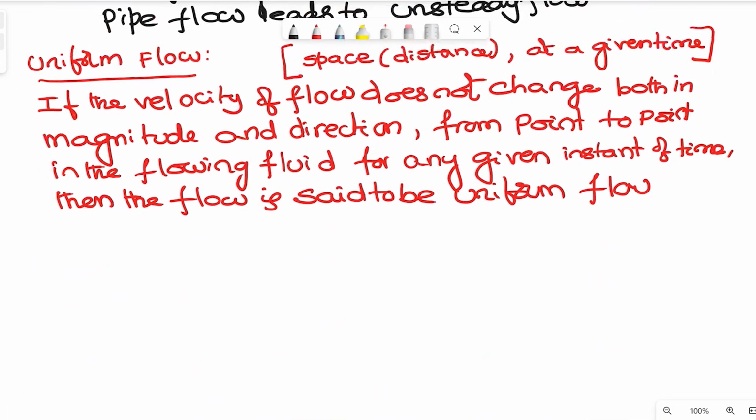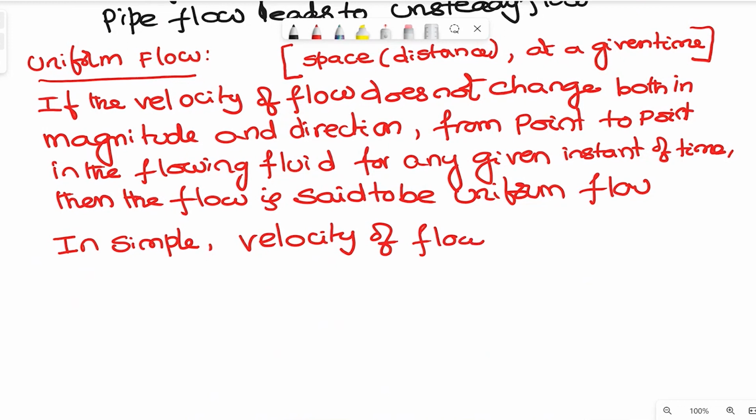In simple terms, velocity of flow does not change with distance.